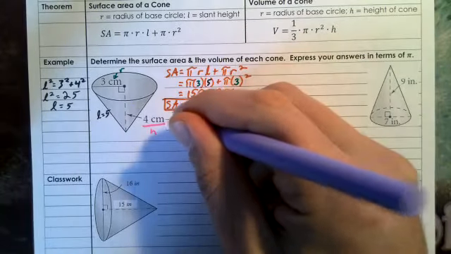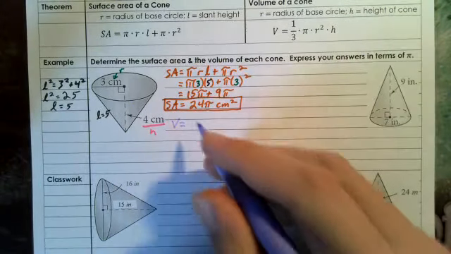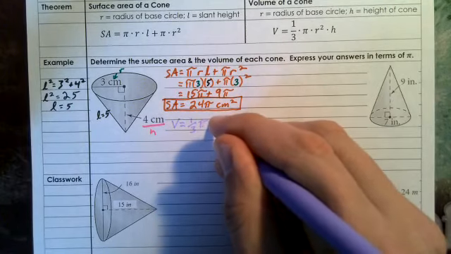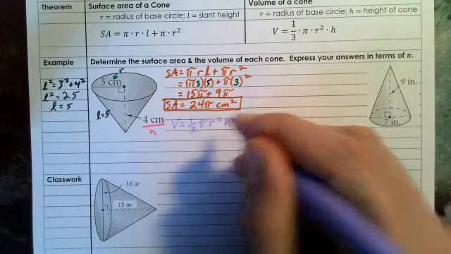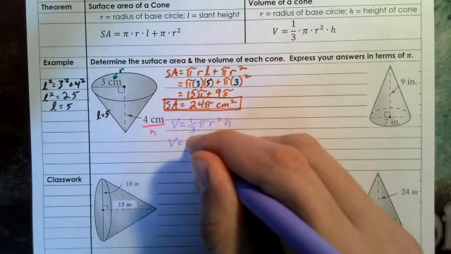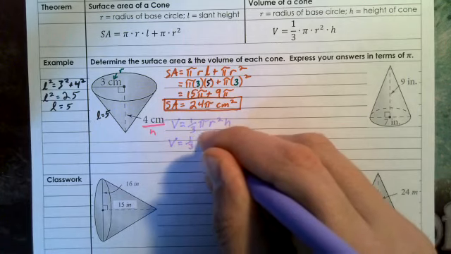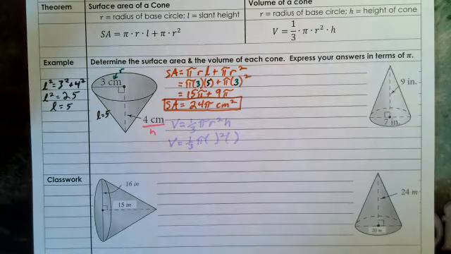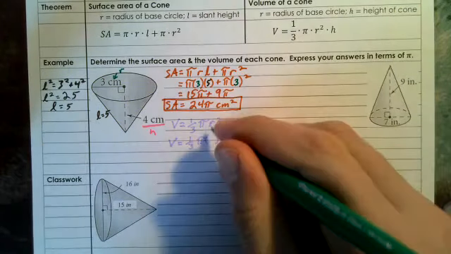To find our volume is 1/3 pi r squared h. So our volume is just going to be 1/3 pi, our radius, and our height. So our radius, we said before, was 3.